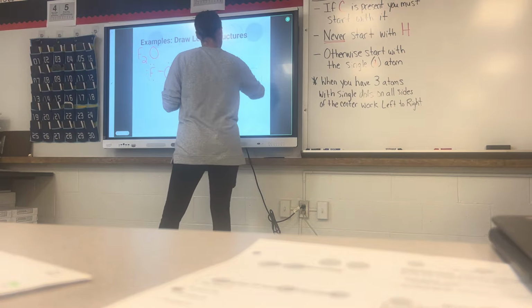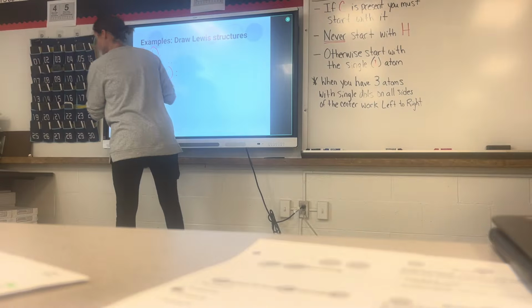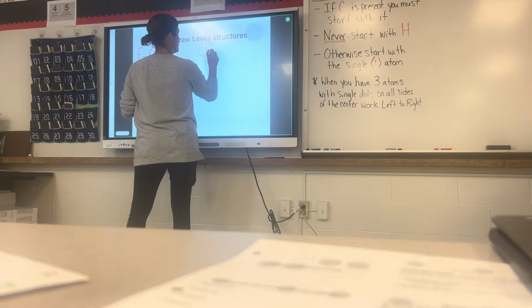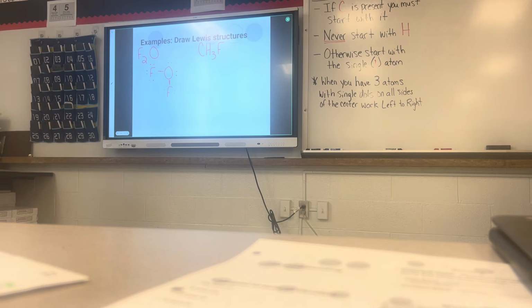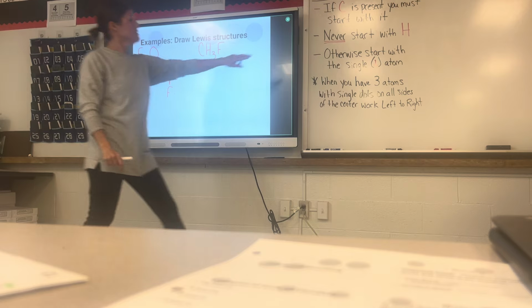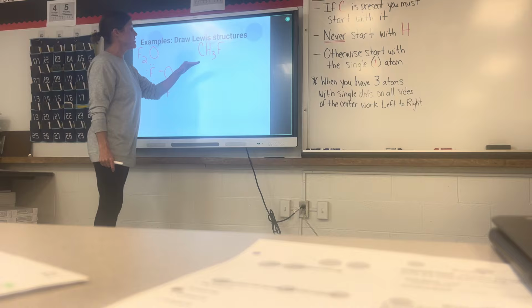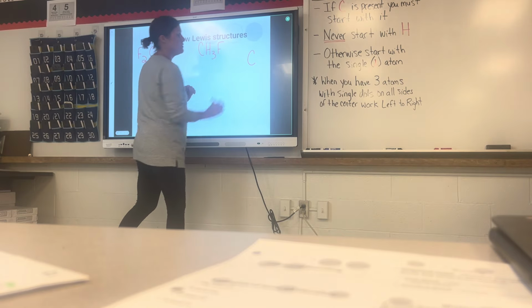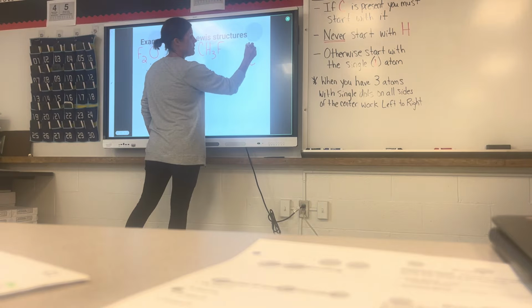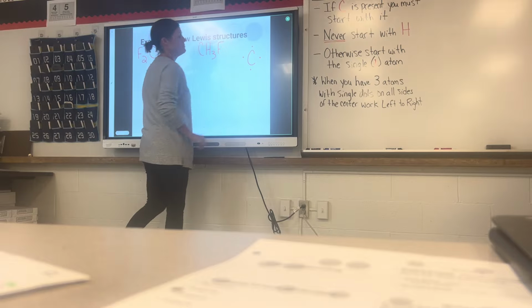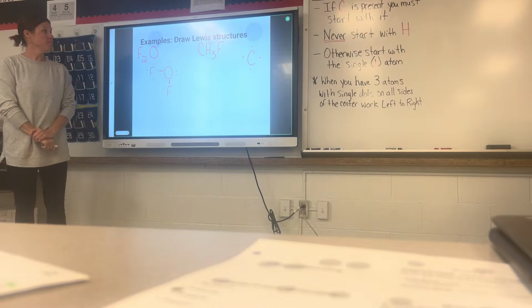Let me try a different one before I give you one to try on your own. Okay. What do you notice about this one that compares to my rules? C is present. So if C is present, it tells you right here, you have to start with it in the middle. So I'm going to start with C in the middle. How many dots does C get? 4. 1, 2, 3, 4. Okay.